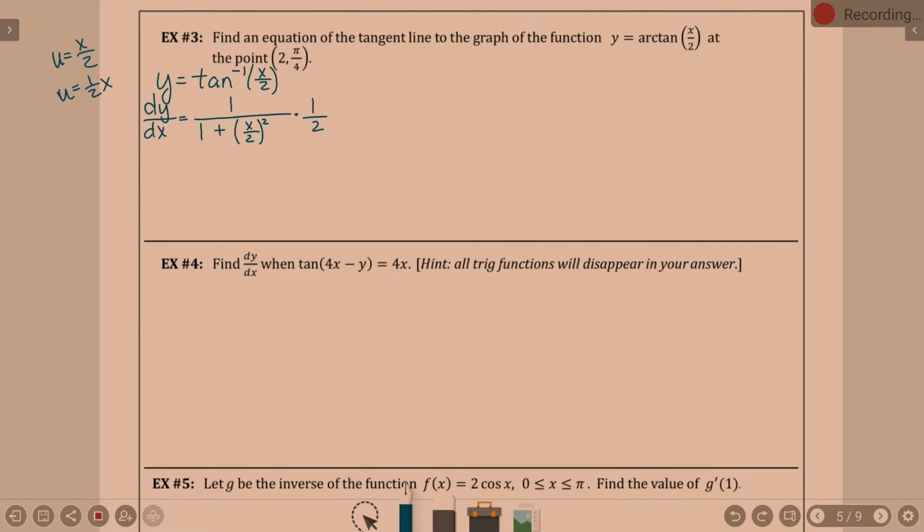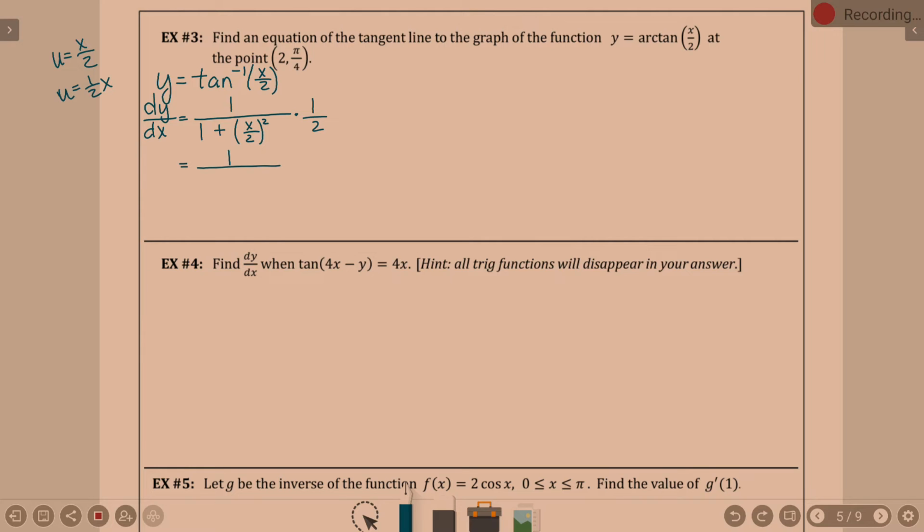So it'd be 1/2 times 1 over, now, what do I want to do here? Do you want to distribute the 2 also as we go? Yes.